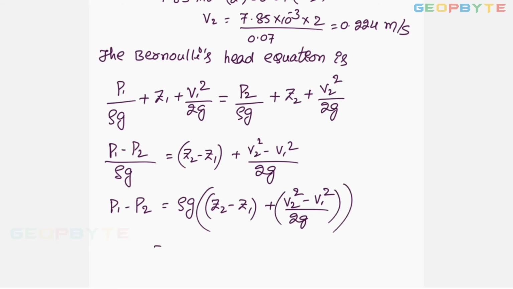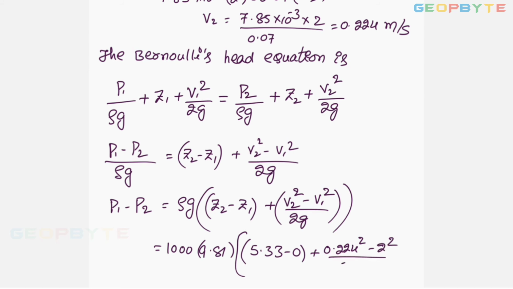Simplify the value. Rho 1000, density of water 1000, g 9.81, Z2 you got 5.33, minus Z1 0, plus V2 0.224 whole square minus V1 2 whole square, divided by 2 into g 9.81.